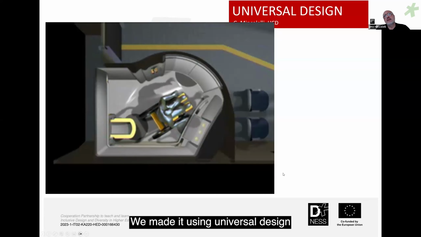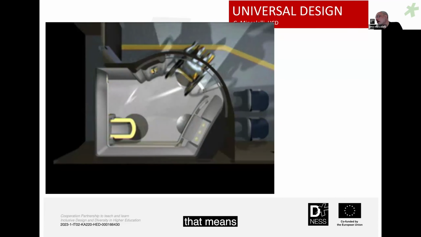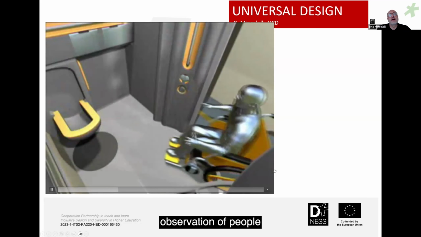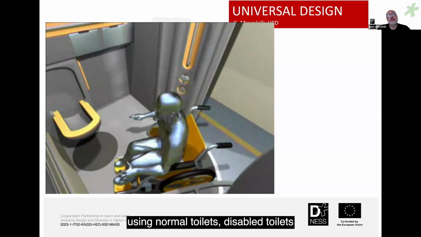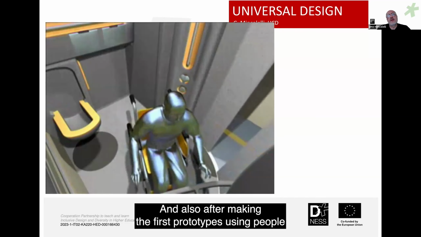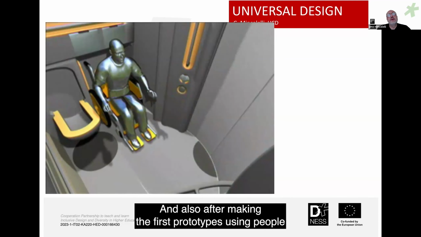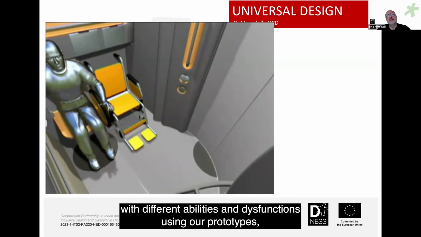We made it using universal design. That means it is a project based on the observation of people using normal toilets and disabled toilets, and also, after making the first prototypes, on people with different abilities and dysfunctions using our prototypes.